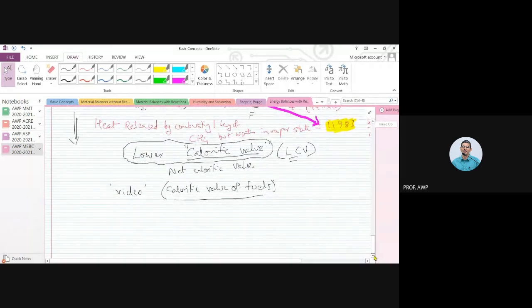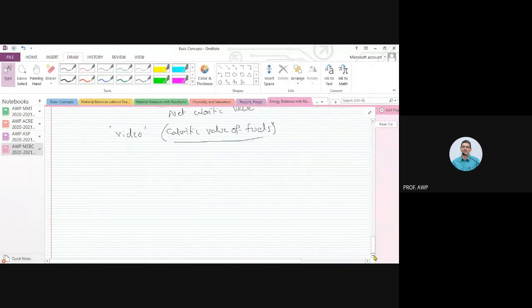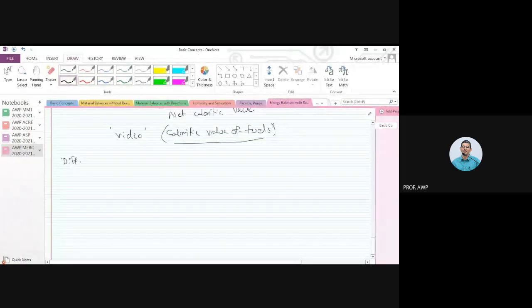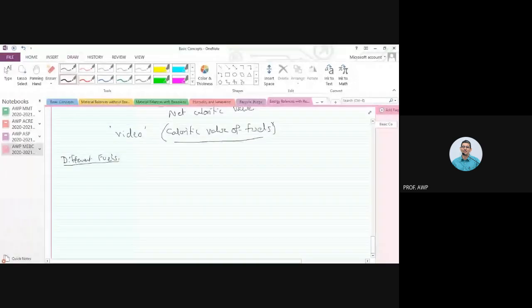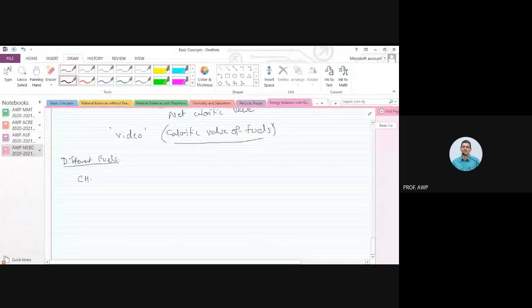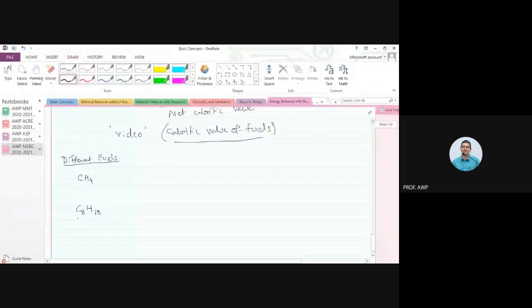Okay, just to emphasize different things, let's talk about different fuels. Let's talk about methane. Let's talk about petrol. So petrol we'll just say is C8H18.